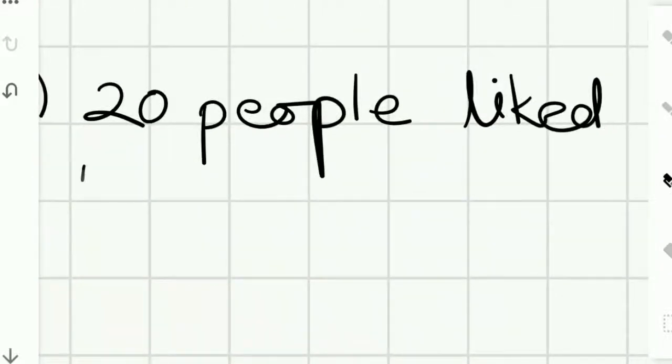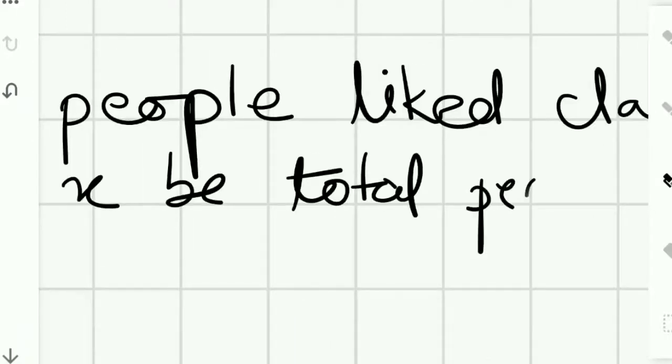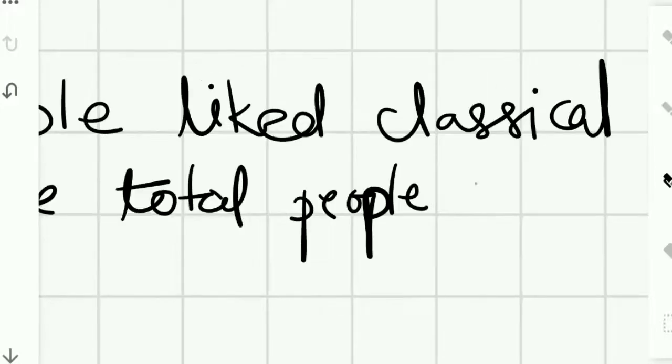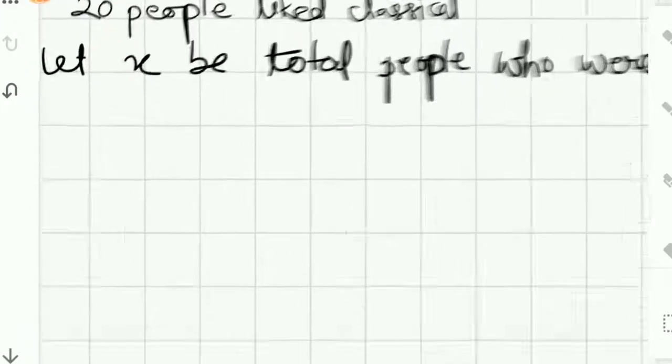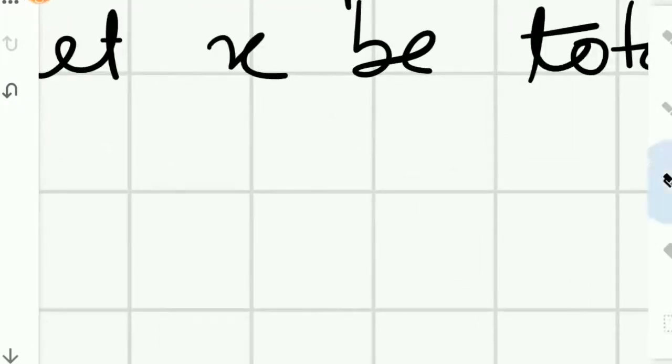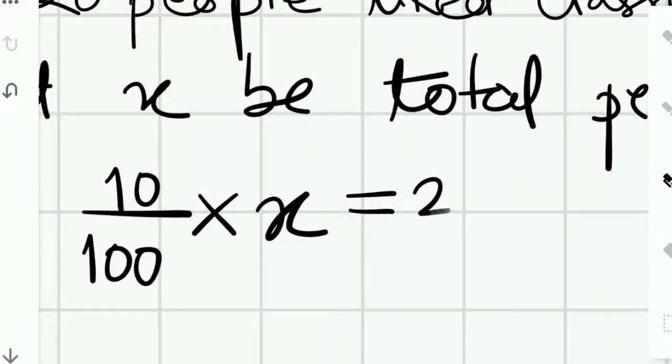So let X be the total people who were surveyed, right? So 10% of X is given to be 20 people.